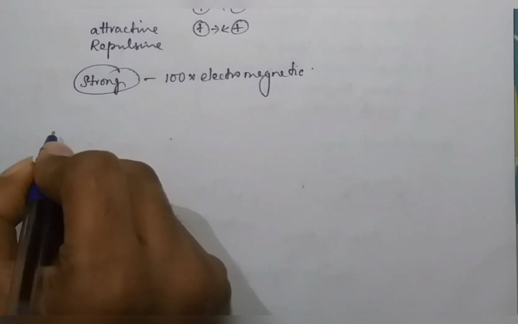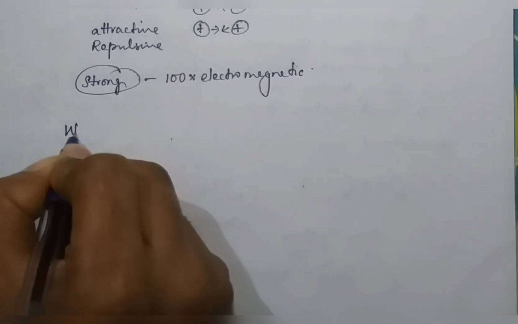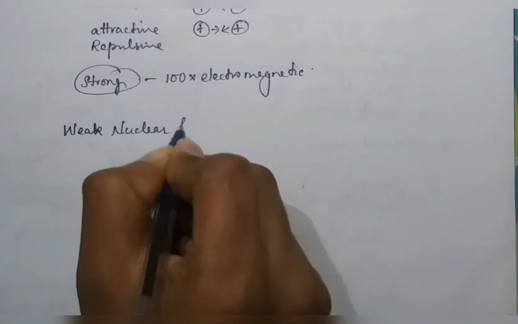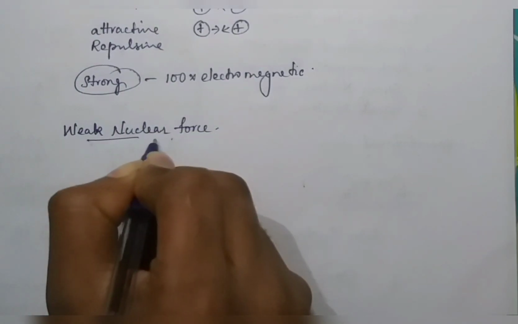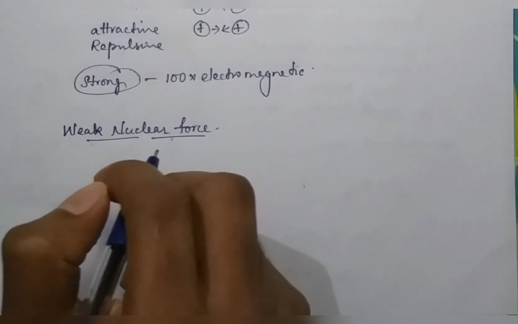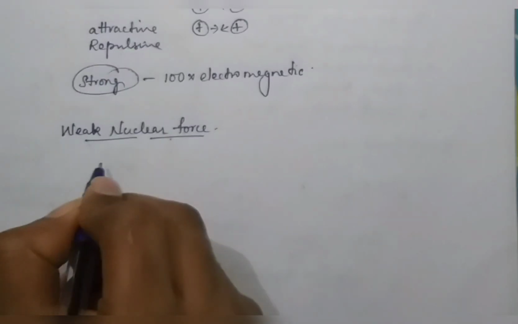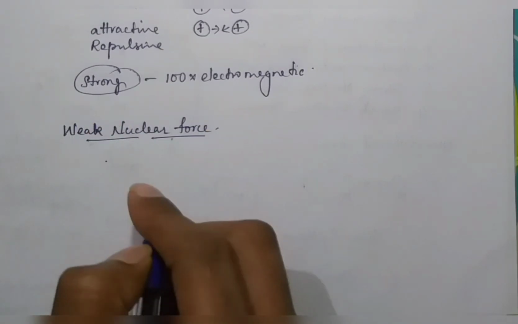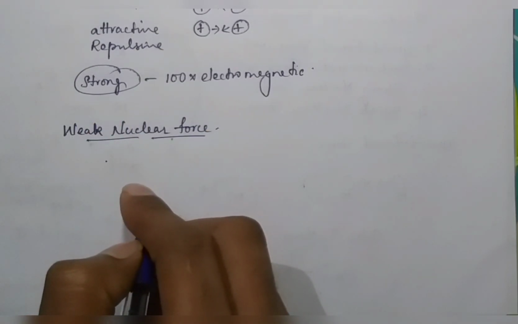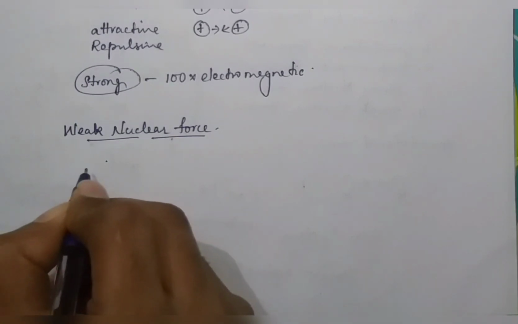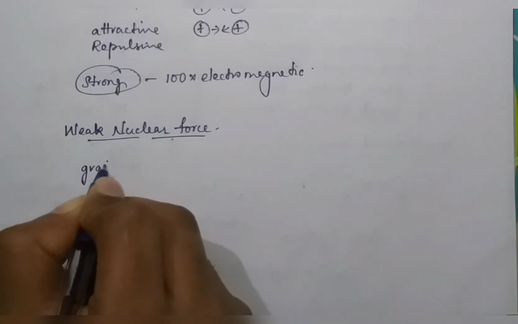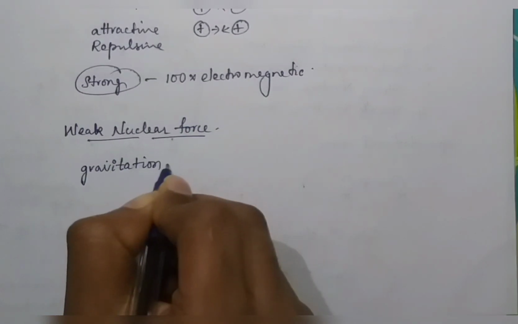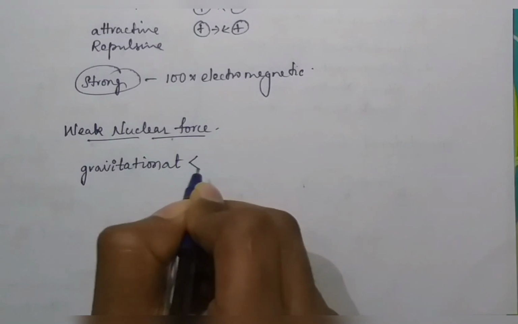Now let's talk about the last force, that is weak nuclear force. This weak nuclear force is not the weakest force. It is stronger than the gravitational force but weaker than the electromagnetic force and the strong nuclear force. So the gravitational force is the weakest force.